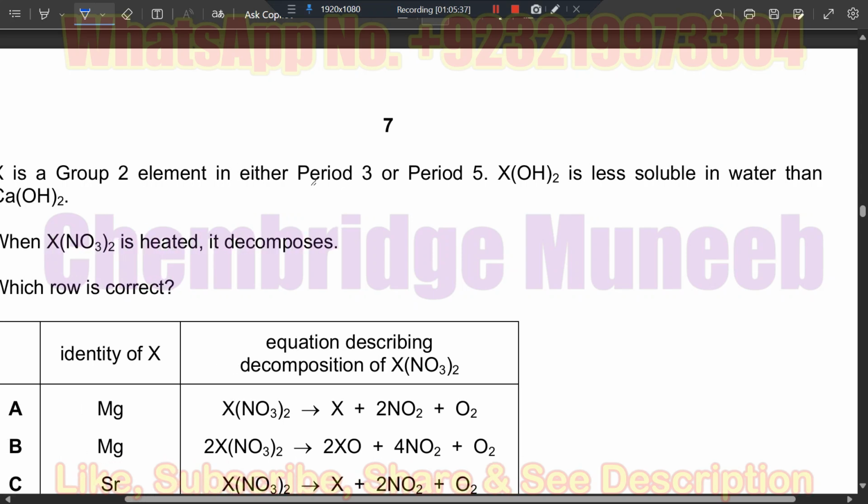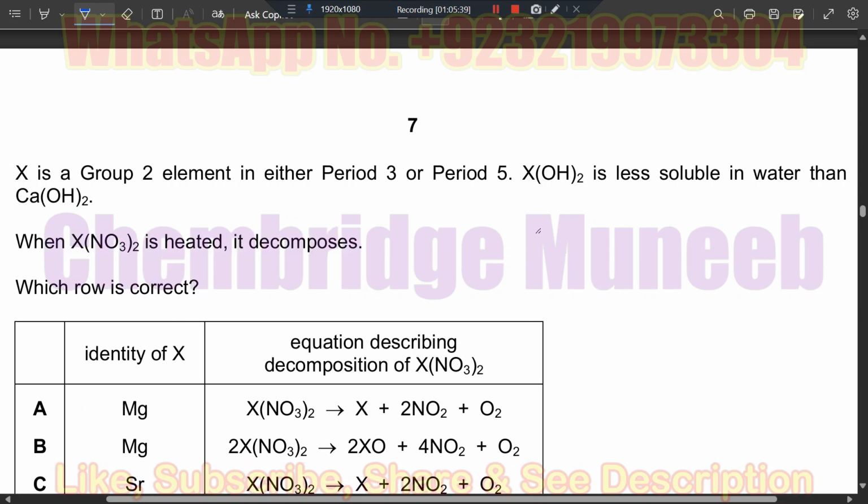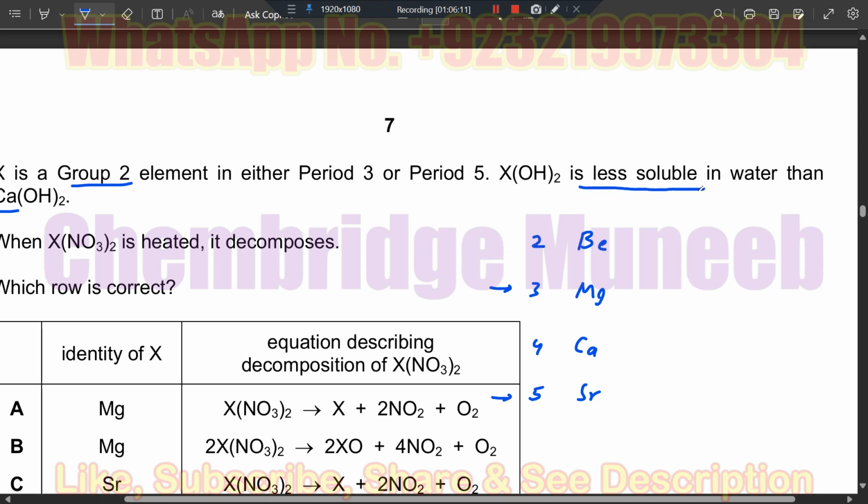If I list all the elements of group 2, it is beryllium, magnesium, calcium, strontium. Beryllium is in period 2, magnesium period 3, calcium period 4, strontium period 5. So it could be either the element in period 3 or period 5, which means magnesium or strontium. But then it also says that it is less soluble in water.